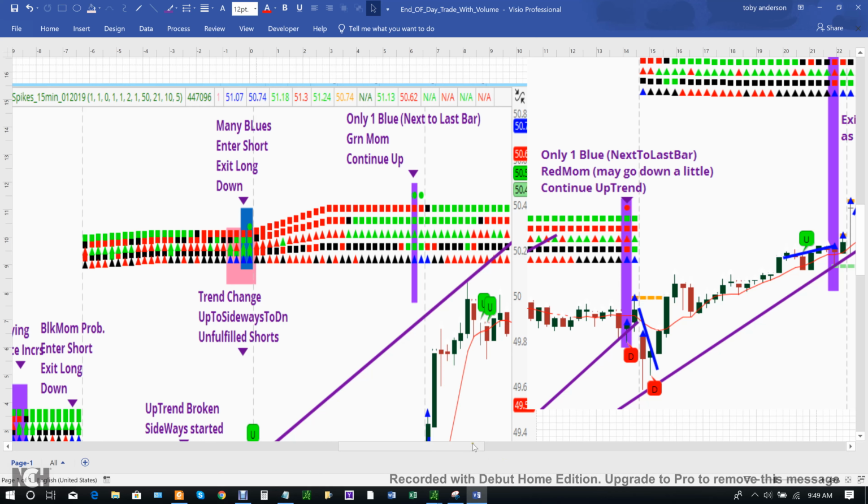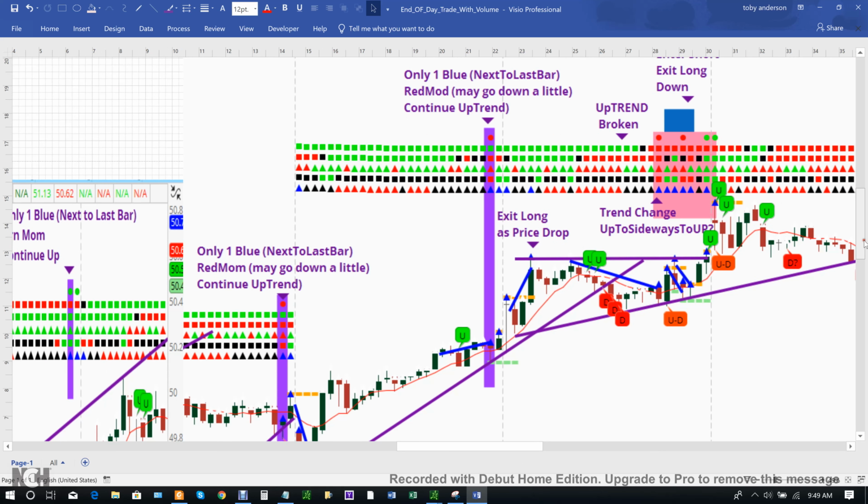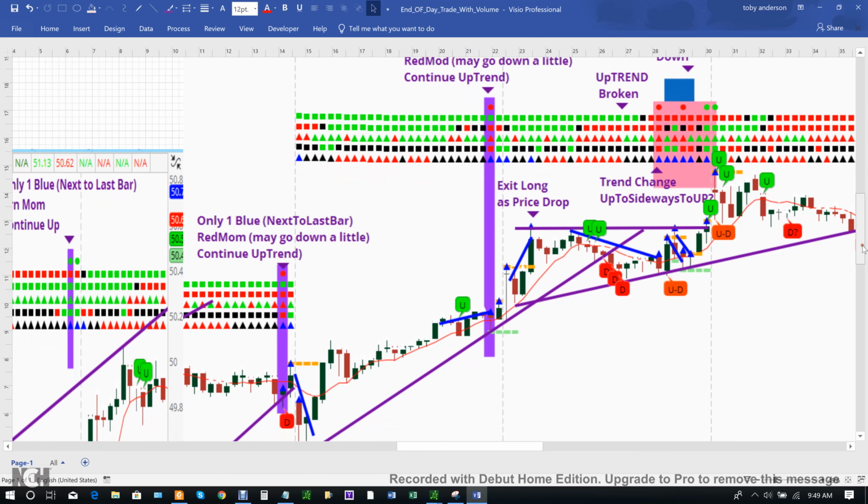Let's see if we can find another situation. Okay, so here's another. Next to last bar is a blue triangle candle, and notice that this situation looks almost exactly like that situation, right?